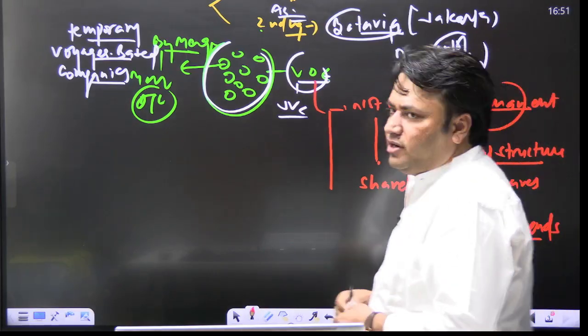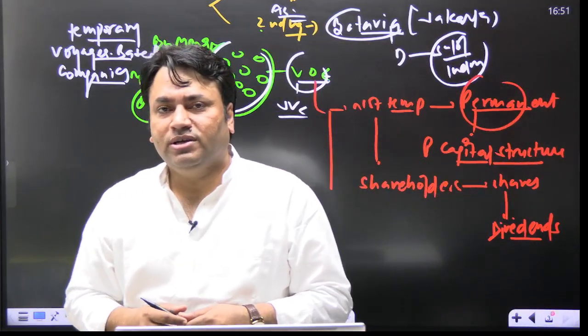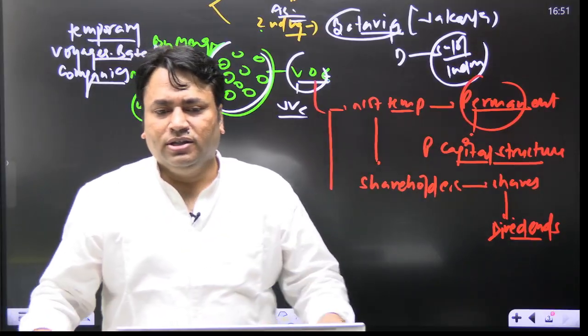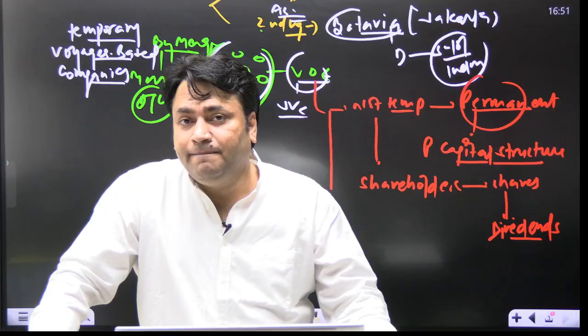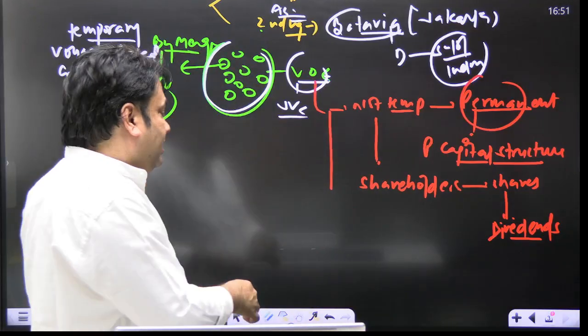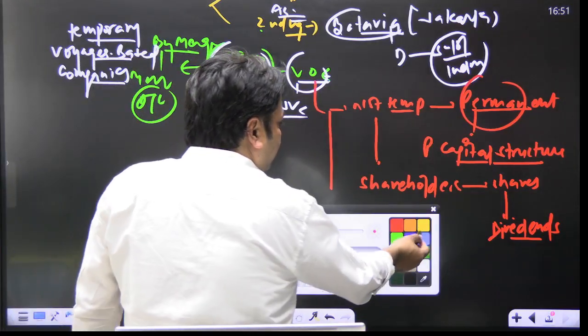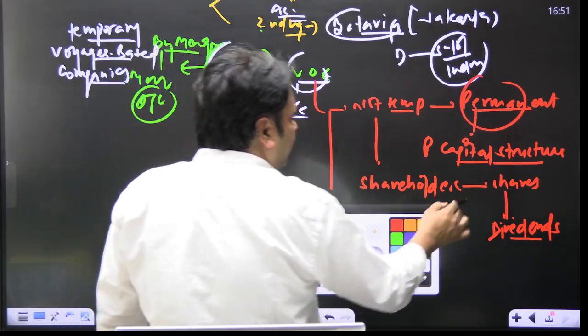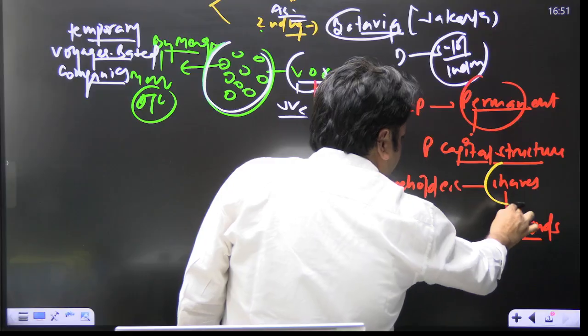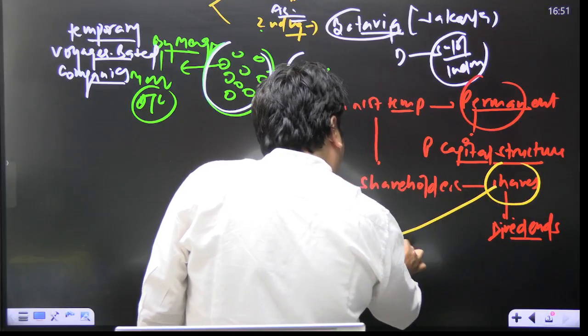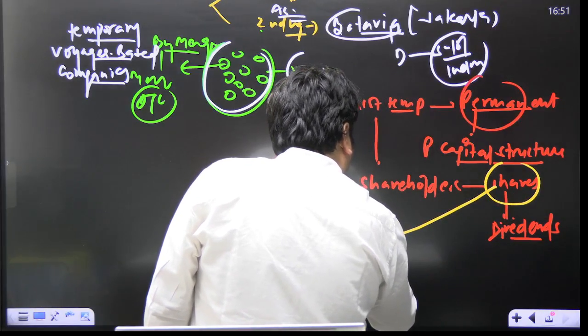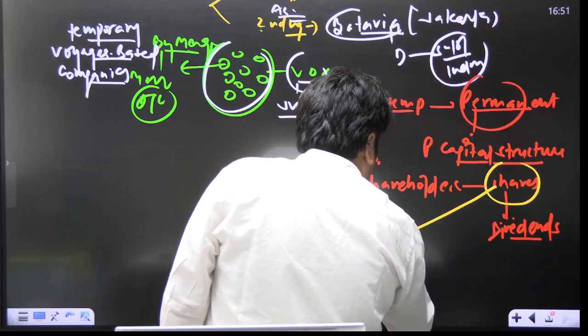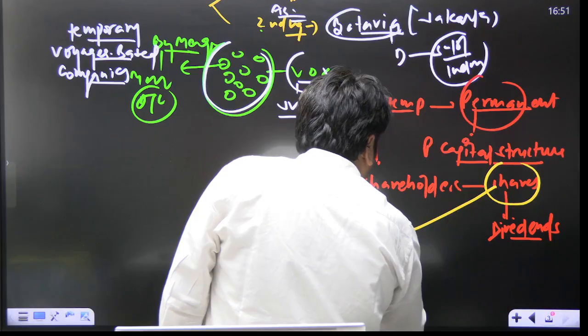The second important thing is that, for example, today also, if we purchase shares of a company and we want to sell the shares, we can easily do it. Here also the shares of these companies were transferable.